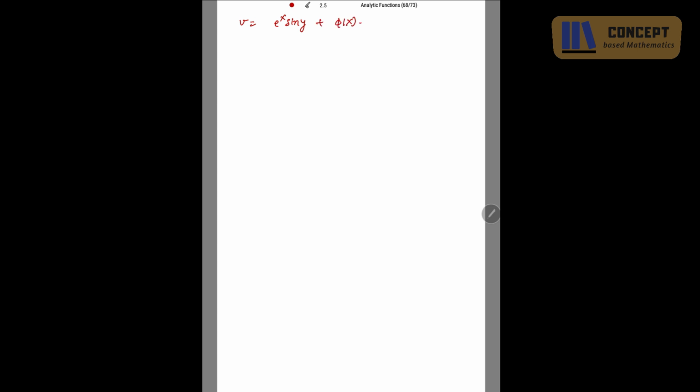Okay, now the second CR equation, that is del u over del y, which is minus del v over del x. Now we differentiate this and use it in the right hand side. So this is e to the power x sine of y plus phi dash x. What is del u over del y?